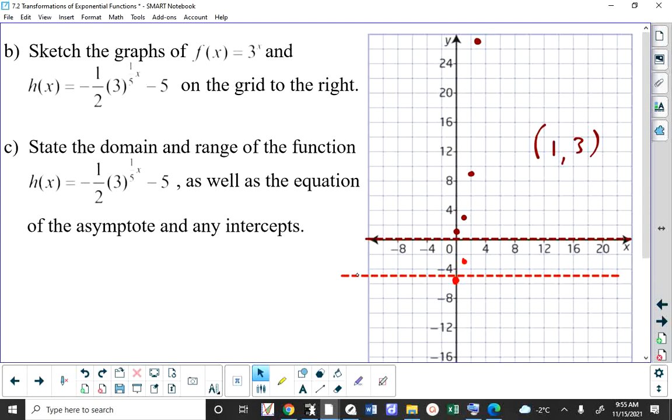I stretch it vertically by 1/2, which means it's going to be at 1, 1/2 of -3, which is -1.5. But then we have to stretch it horizontally by a factor of 5. So it has an x-coordinate right now of 1, times 5, it will be at 5.